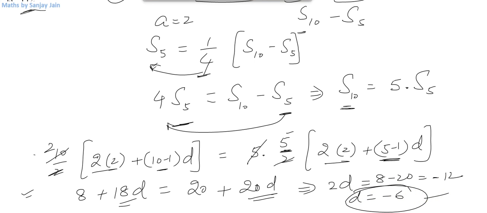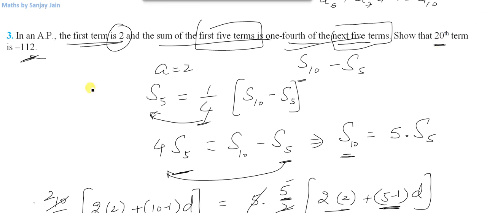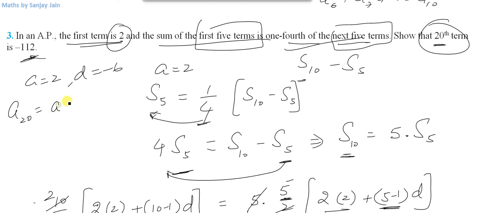Okay. Now that you have got D equal to minus 6, A equal to 2, can you find the 20th term? What will be the 20th term? It will be equal to A plus 19D, right? What is A? A is 2. D is minus 6.